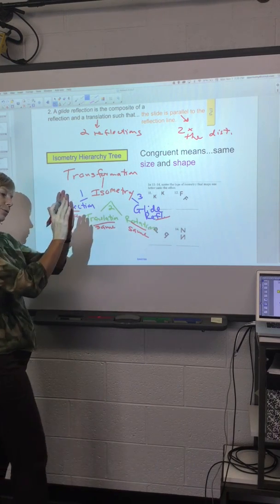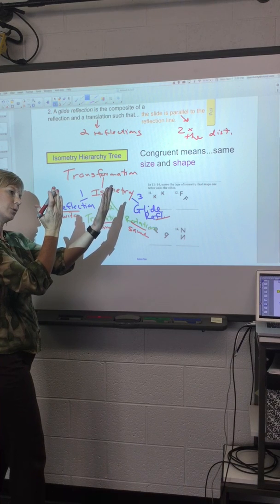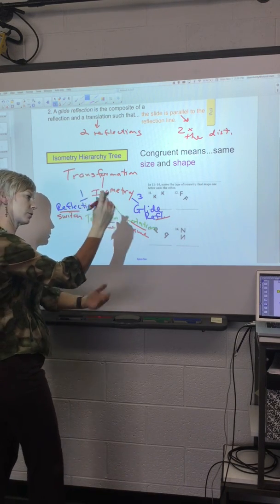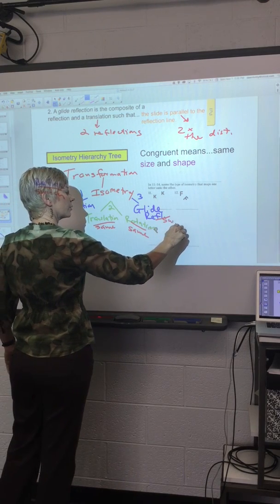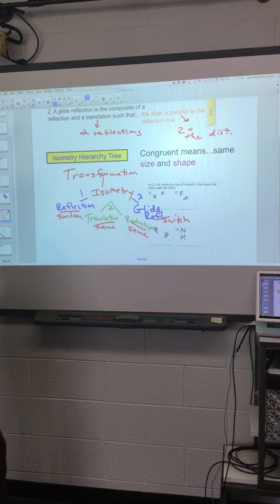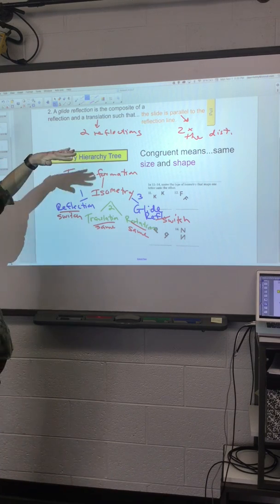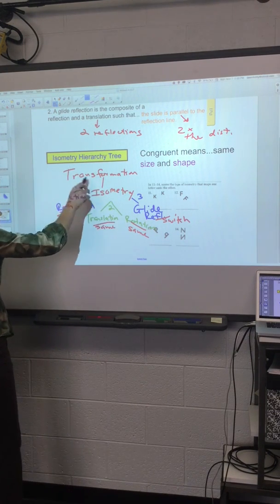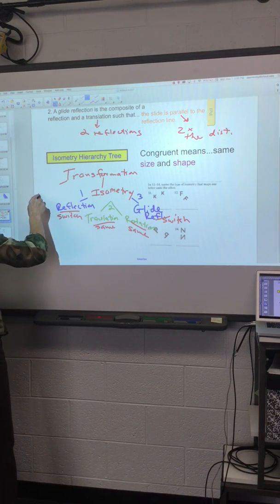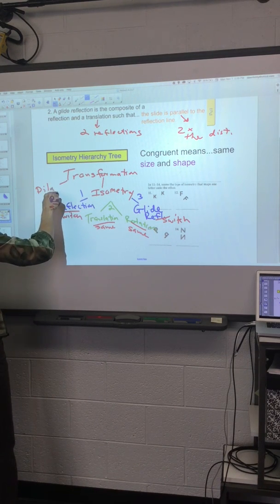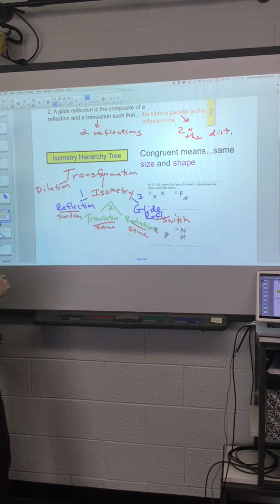It's going to reflect, and then when you do the slide, it's going to switch and switch back, so that one is also going to be a switch in the orientation. So transformation is our big overarching category. And the one that we've studied that's not an isometry is dilation. It moves points around.